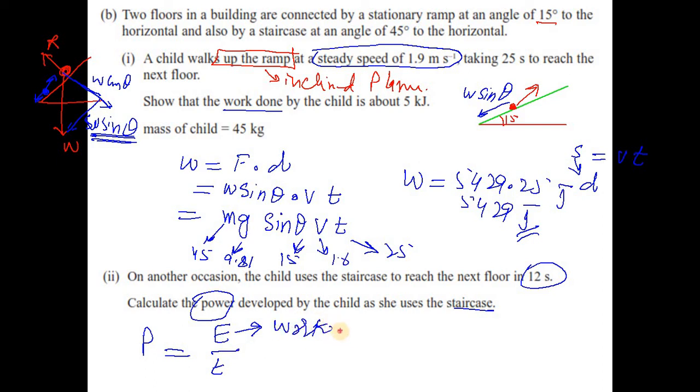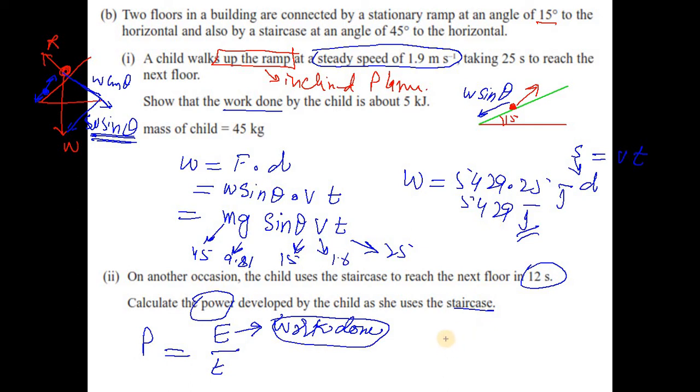So no matter whether you use a ramp or a staircase, the height covered by the child would be the same. That means if you use the staircase, the work done will be the same as along the ramp. So the work done is the same as you found in the previous part, and time is 12 seconds.